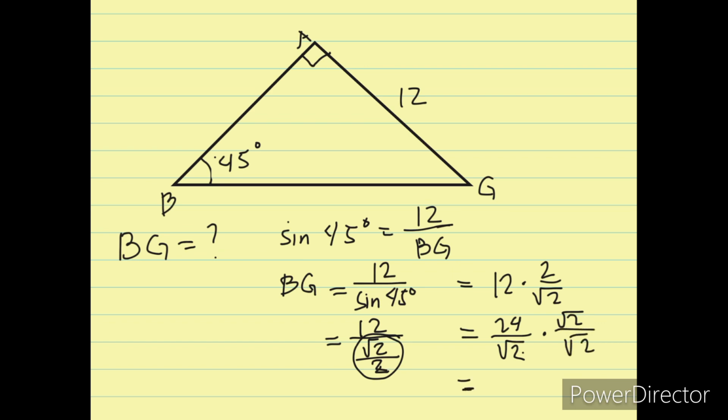So we have 24 square root of 2 over 2. Since 24 is divisible by 2, 24 divided by 2 is 12 square root of 2. Therefore, the length of your BG is 12 square root of 2.